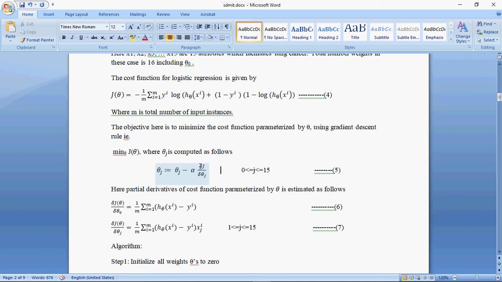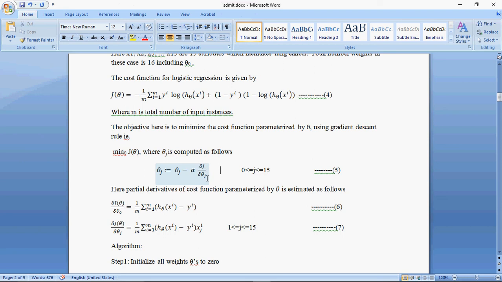That's what you call the gradient here. You have nearly 16 gradients which you need to determine. All the gradients tell you that if we modify those weights, how it is going to affect the cost function. So that's the meaning of gradient.